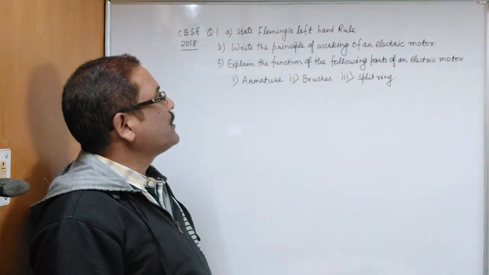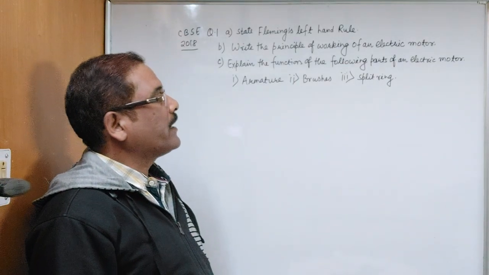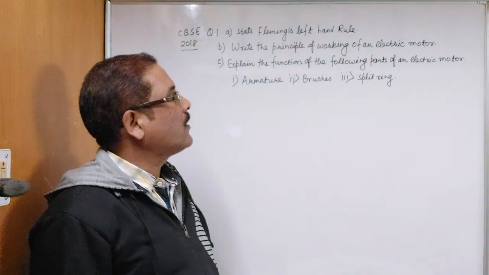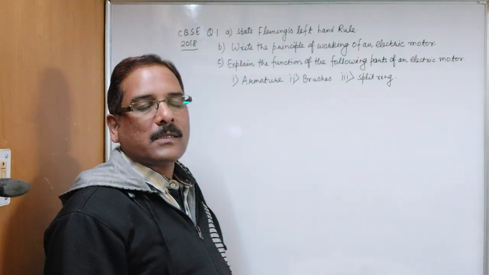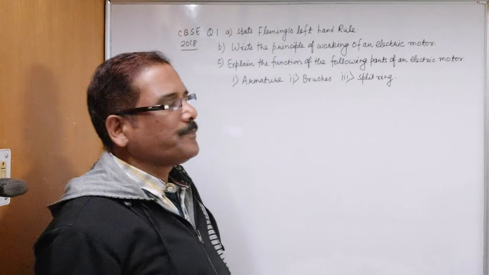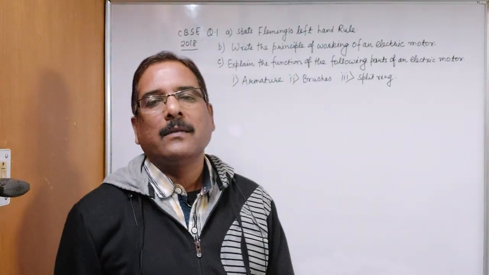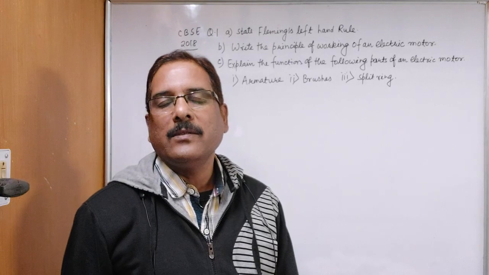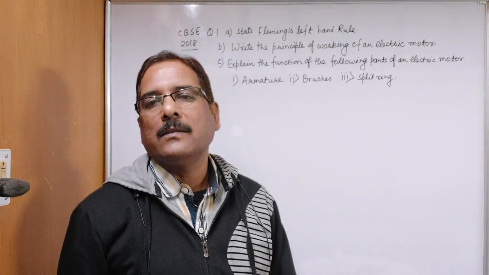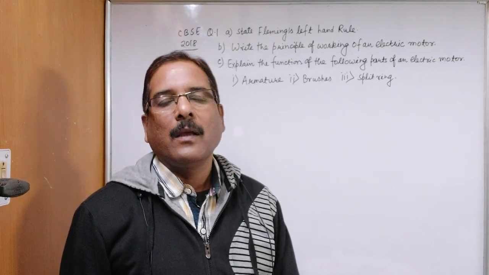Then write the principle of working of an electric motor. That also I have given in the last class or day before it, that a motor is a device which converts electrical energy to mechanical energy.